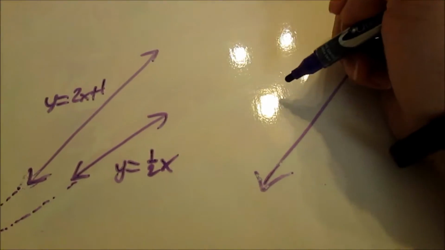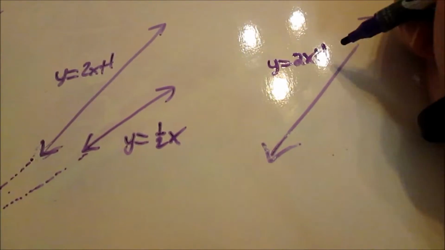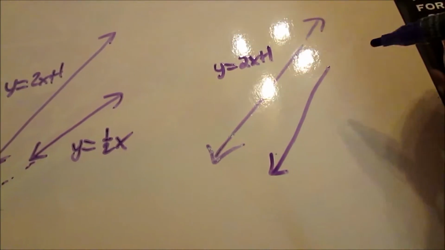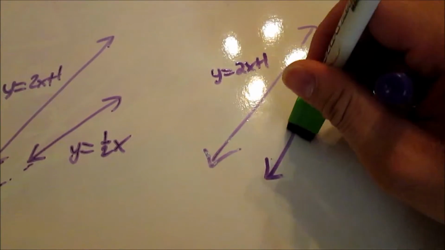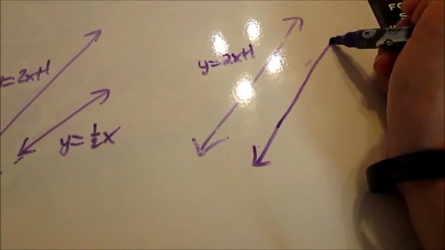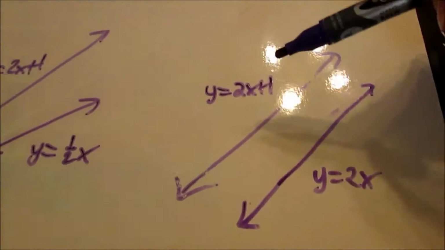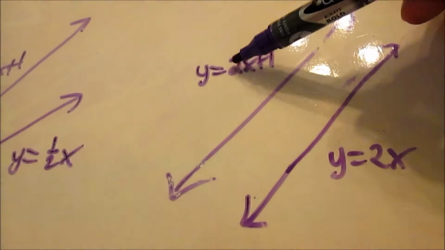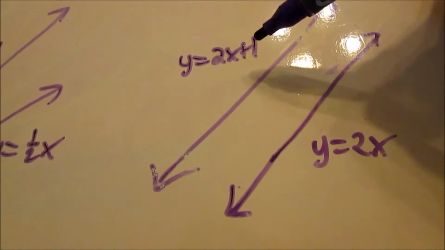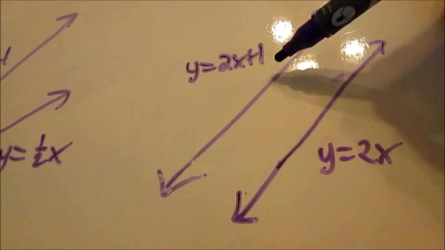Now let's use a third example. Let's keep up with the y equals 2x plus 1 equation, and the line I draw next to it. Let me try to straighten this out. Let's say this is y equals 2x. Now the two slopes are the same, 2 and 2. That means this second line is neither flatter nor steeper than the first line.